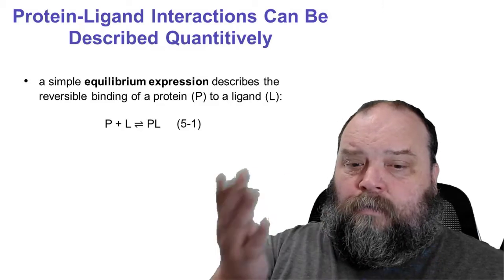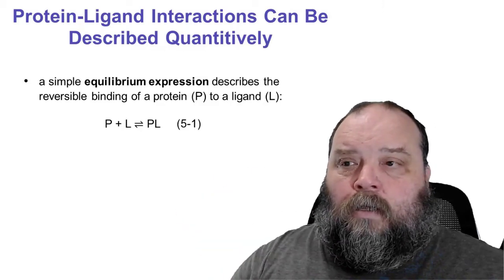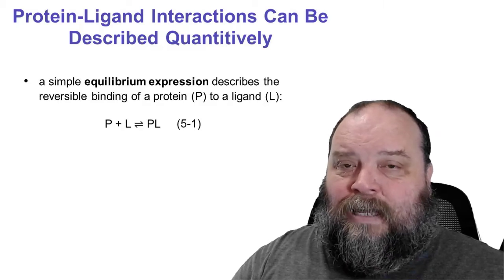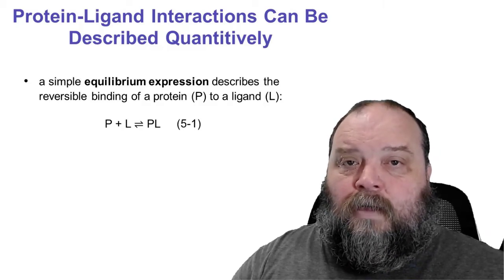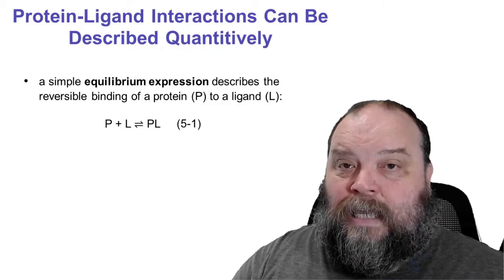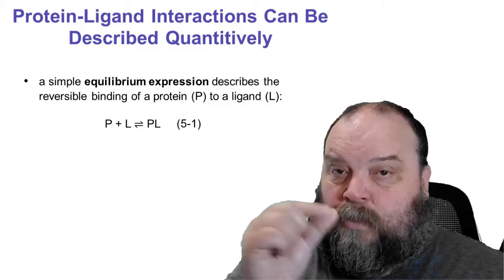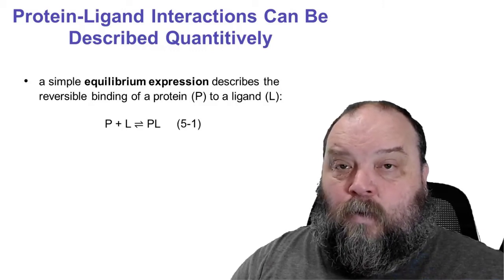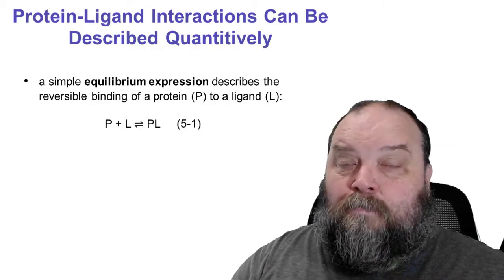We start with, as you see here, an equilibrium expression: P plus L results in PL. Protein plus ligand gives you protein-ligand. They are reversibly bound to each other.